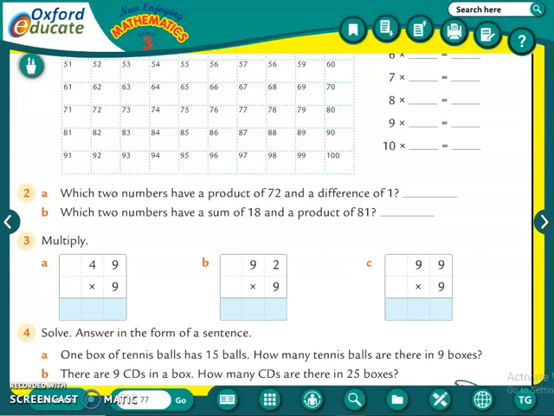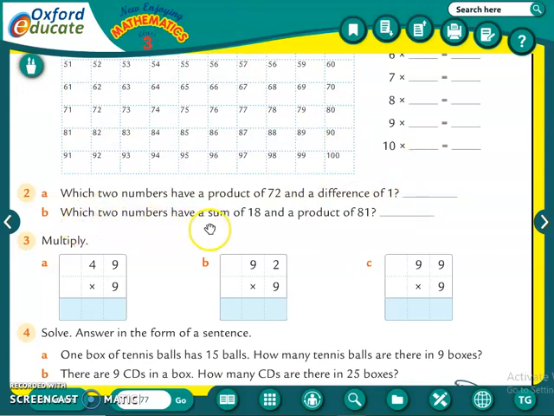So if you remember the table, you can give me the answer very quickly in which table 72 comes. So the answer of 72 comes in the table of 9. And so we can write here 9 multiplied by 8 is equals to 72, and the difference between these is 9 minus 8 is equals to 1. So that you have to remember.